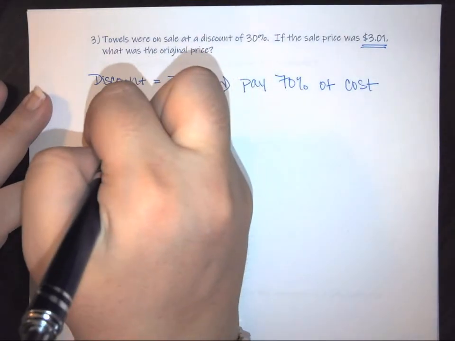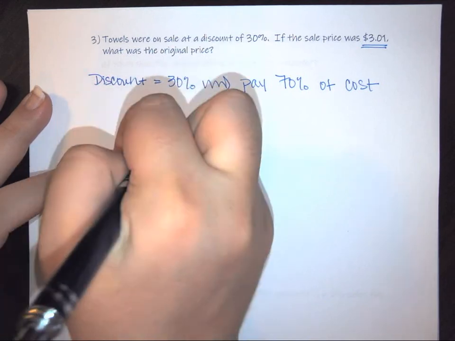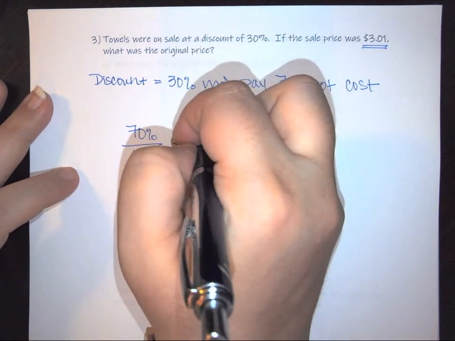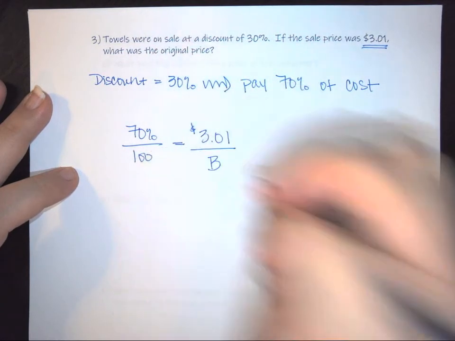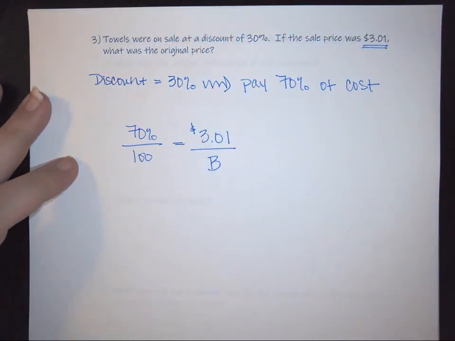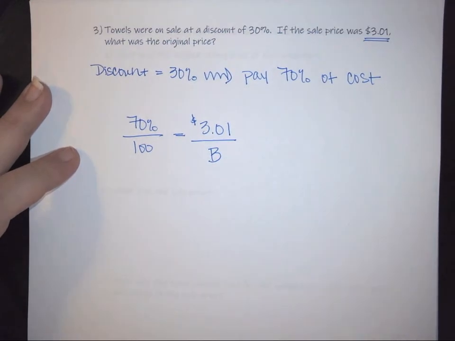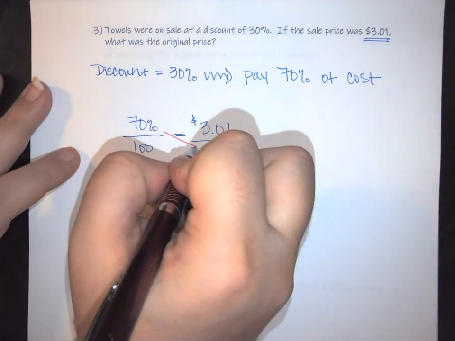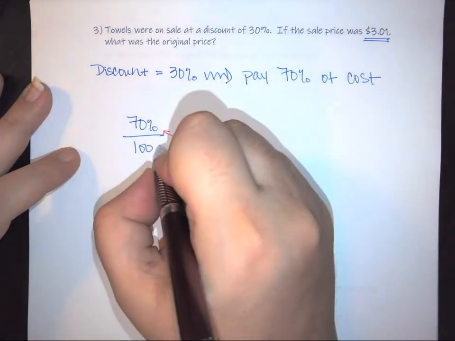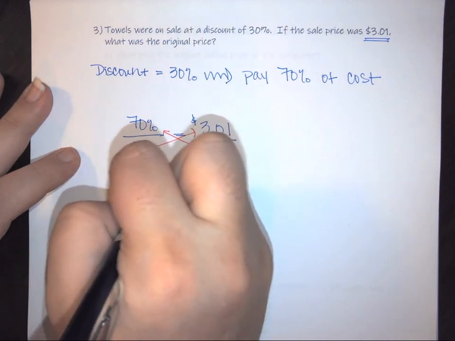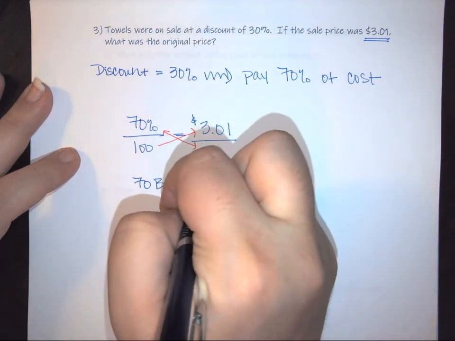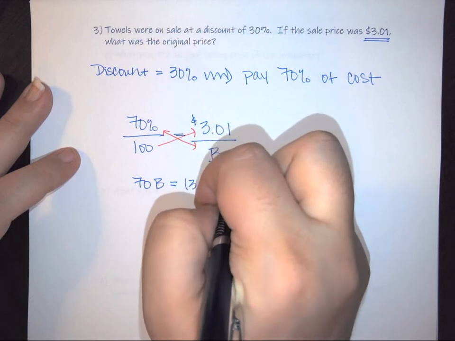So here we would have to set ourselves up as 70 to 100 is going to be the $3.01 that I did pay versus an unknown original cost. So here again we could completely cross product this. So cross product again, remember, says bottom to the top and bottom to the top. So here we're going to get 70B is equal to my $3.01 times 100.